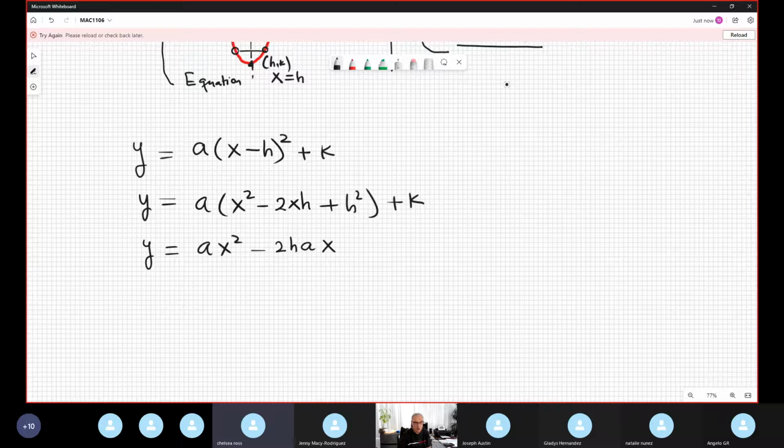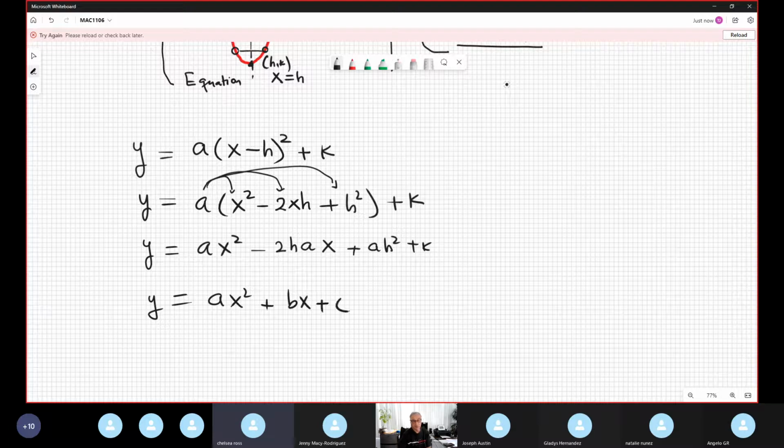Let me copy here to put the variable x in the last place: plus a h squared plus k. And we compare now with a x squared plus bx plus c, which is the standard form, no? And you see, oh wow, a is a. This is expected, it's logical.